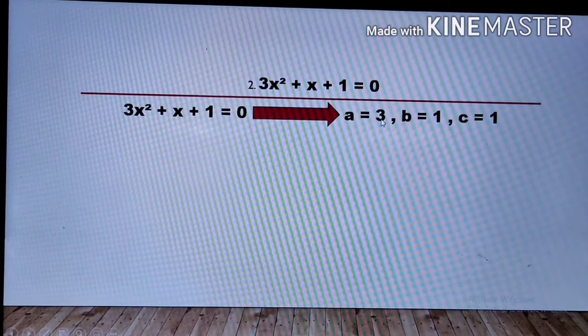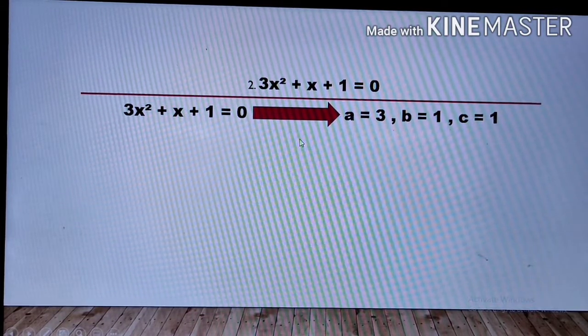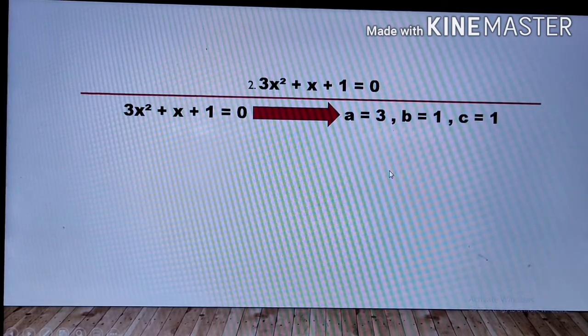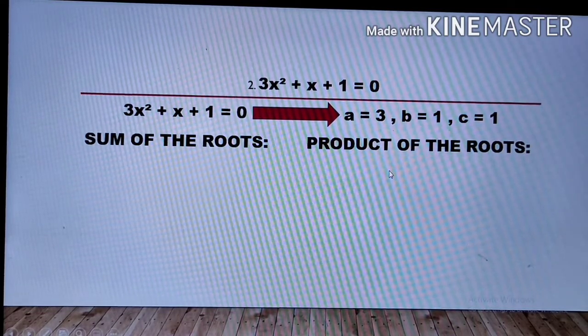So, a is equal to 3. Then, b is the second term. The coefficient of the second term is 1. Then, the operation is plus. So, it means positive 1. Then, c, the last term, is 1. Then, the operation is plus. Ibig sabihin, positive 1.